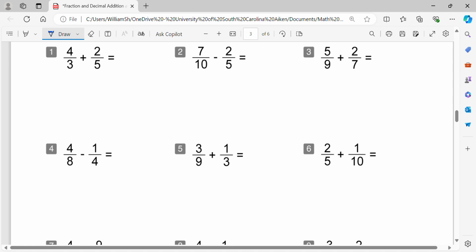So, what we try to do is figure out what the least common multiple is. Hopefully you know what the least common multiple means coming into this. If not, I'm going to give you a very quick review. Least common multiple is the smallest number that they will both multiply to be. Now, there's a variety of ways to find the least common multiple.